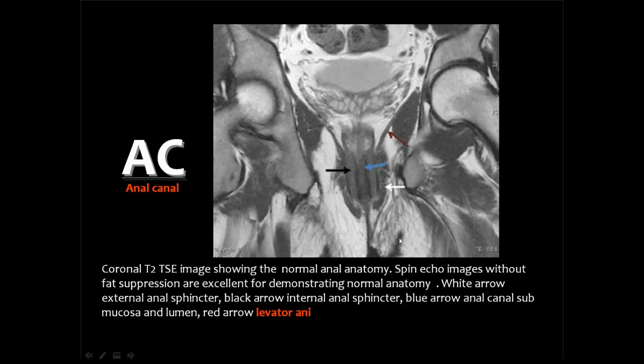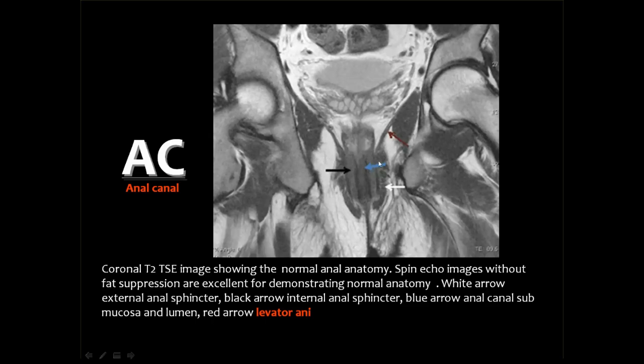Then the MRI anatomy of this area is very important, and the coronal T2 weighted image is the best view in MRI to realize this anatomy. And if you look carefully, you can see this appearance, which is referred to usually in some reports as a tube in a tube.